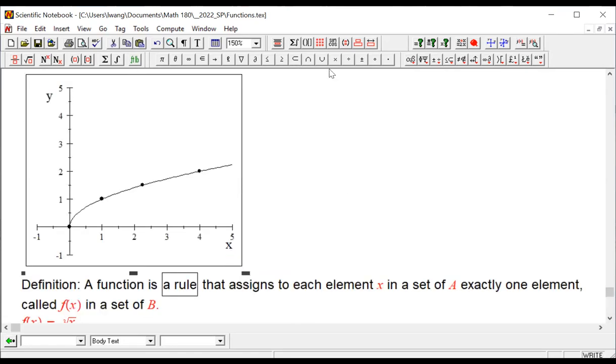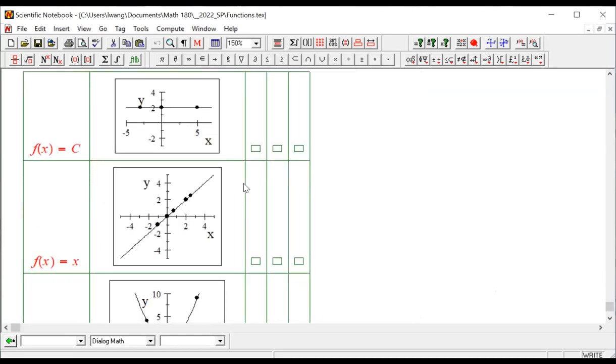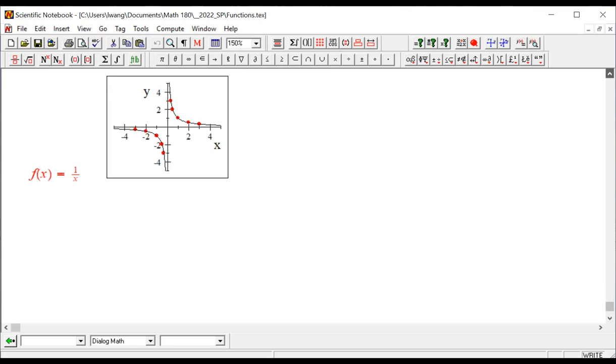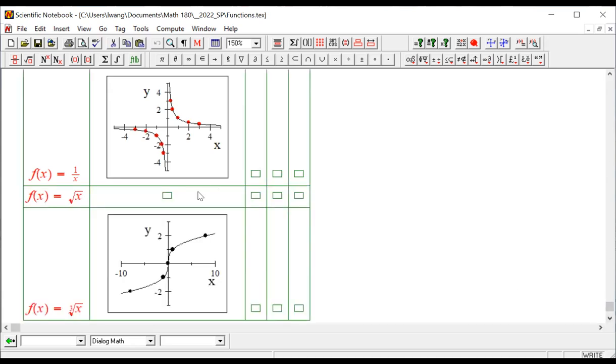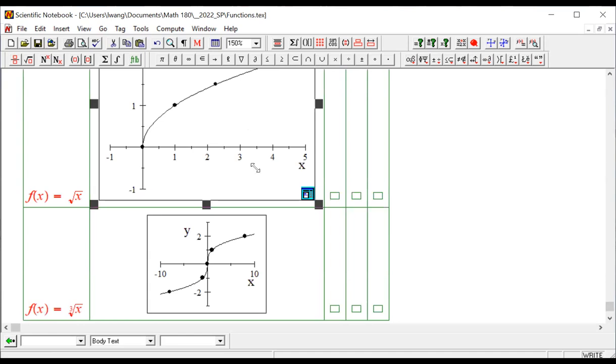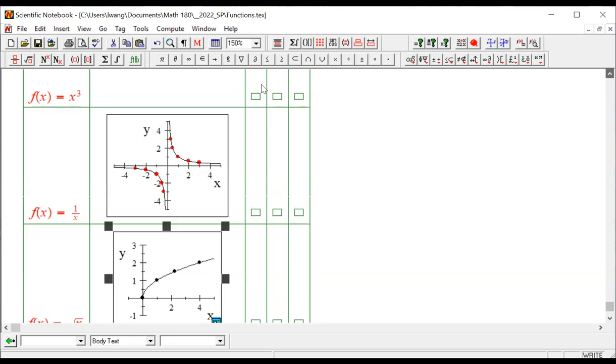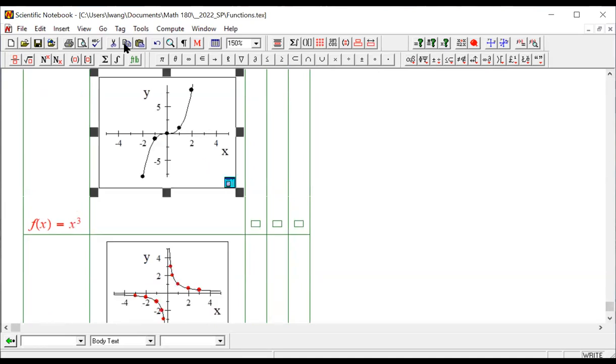I'm going to make some adjustment to the view. There you go. There. Right, so we get all the graphs lining up, except this one, it's a little misbehaving.